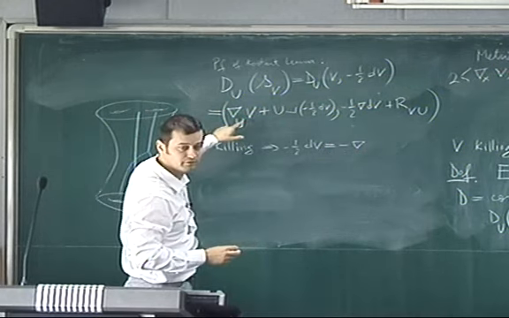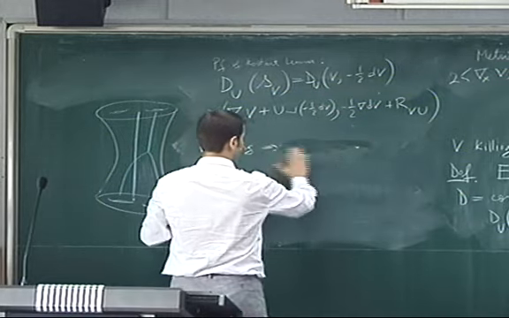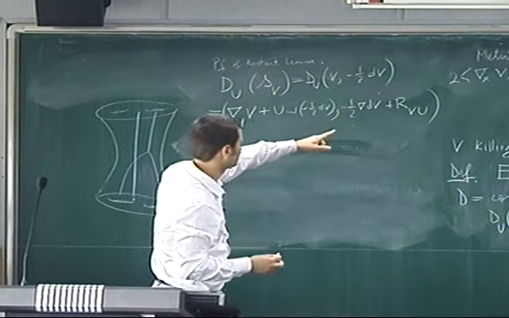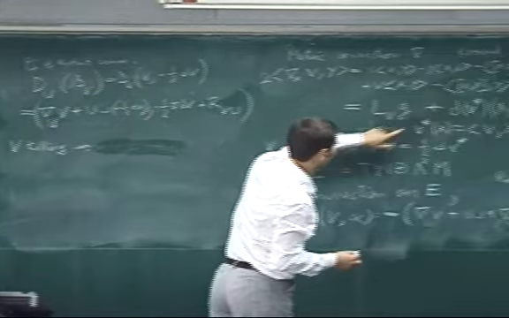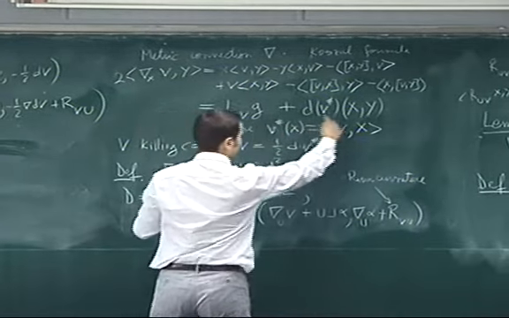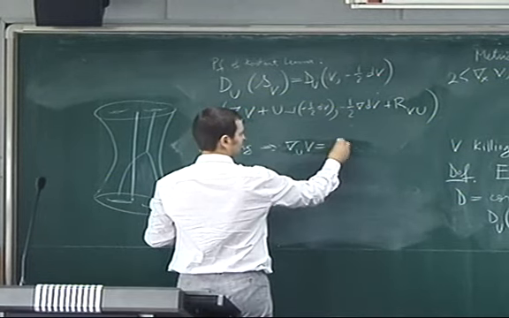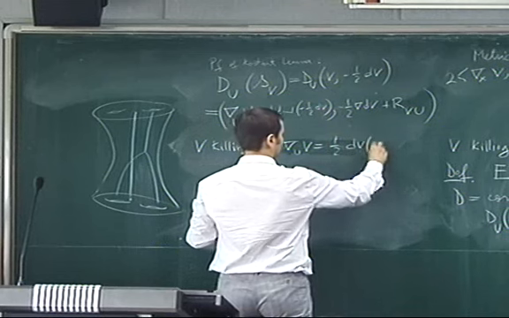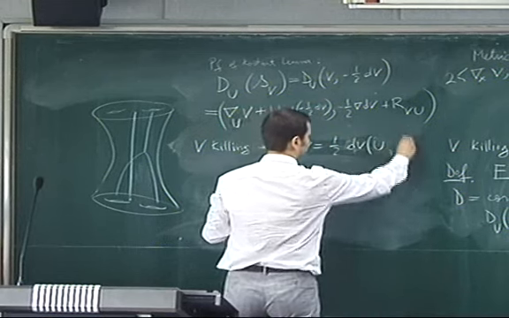Yeah, but I don't need that for the moment. I want this term. So I think I made the computation. I know what nabla uv is. This part is 0, it's 1/2 dV of u.